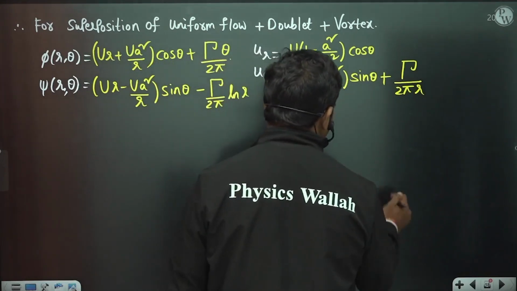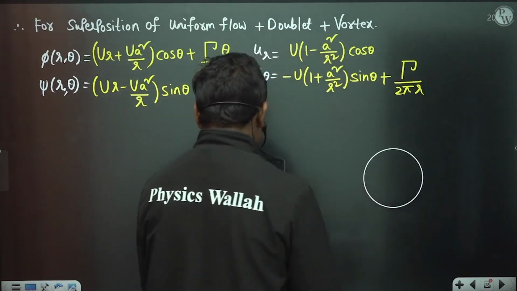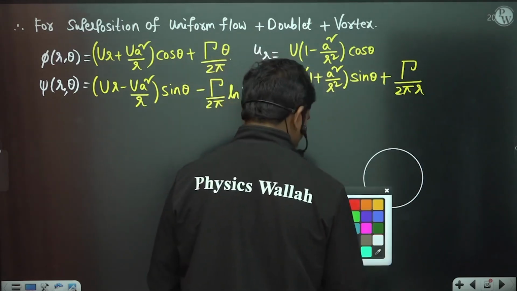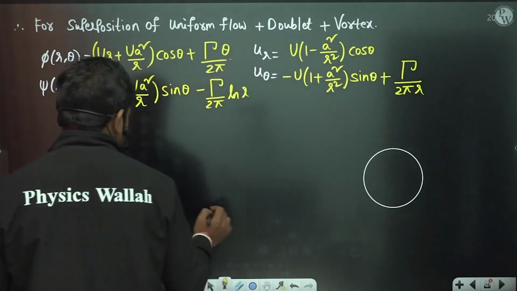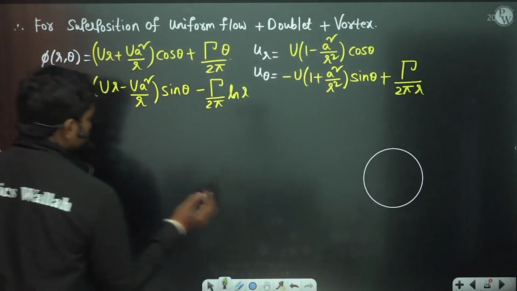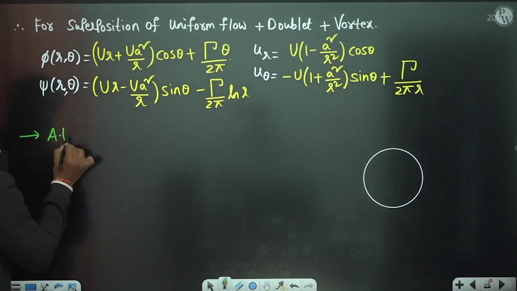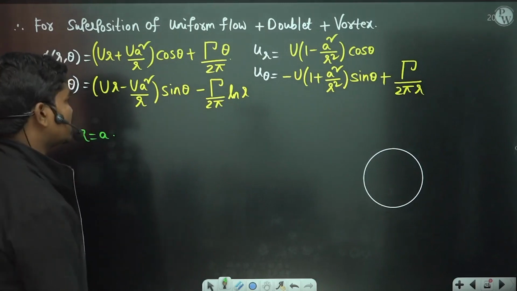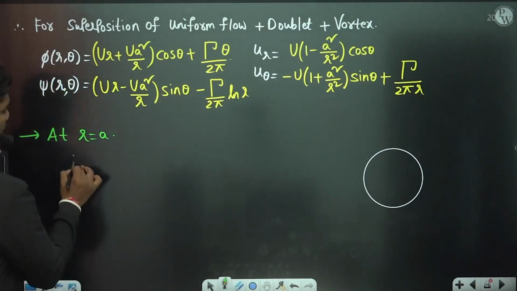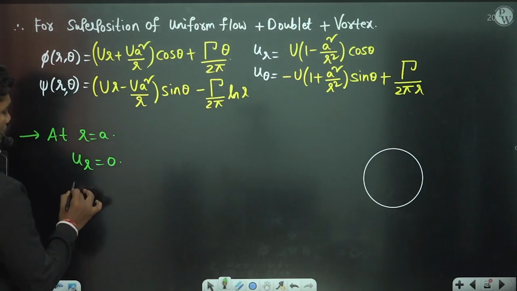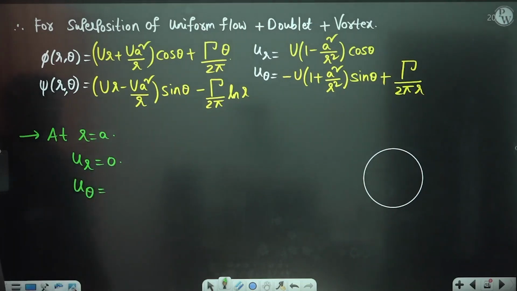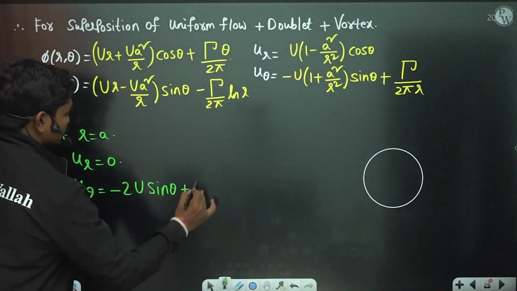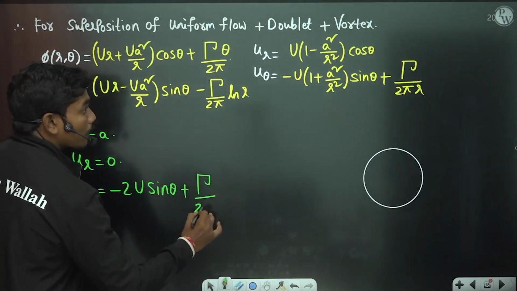Let us suppose this is a cylinder, look at r equal to a. What happens at r equal to a? Here u r is 0, and what about u theta? u theta is equal to minus 2U sin theta plus circulation by 2 pi a, is what you will get.